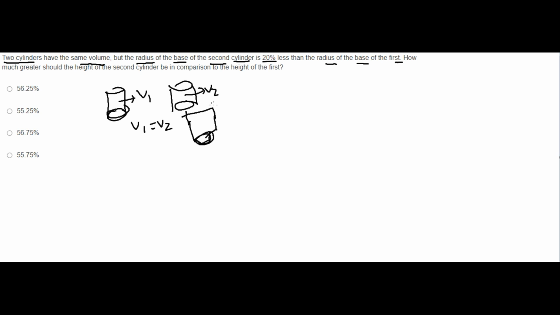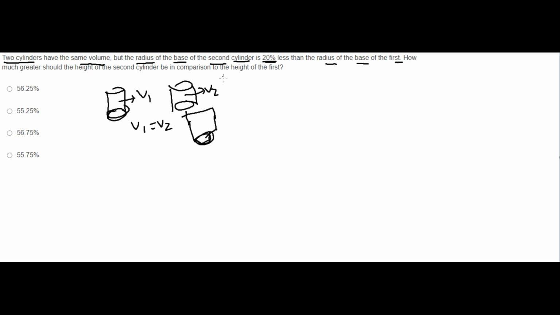Maybe the height may be different, because different models of cylinders are available, like different Tupperware from some companies. Sometimes the radius of one cylinder could be some percentage less than the other.